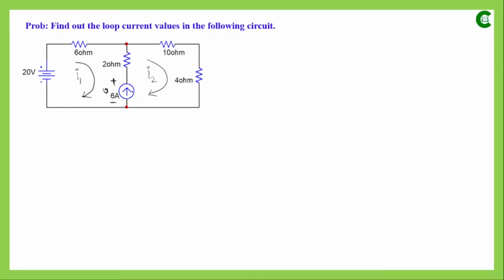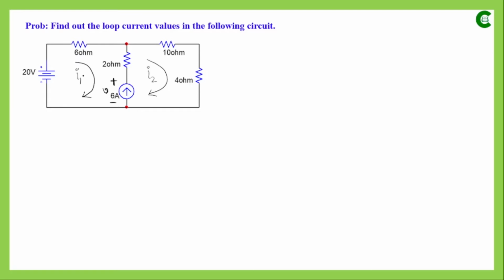So across this current source, when current flows through it, let's assume a voltage V is dropped, and since the current is flowing upward, this will be the negative terminal of that voltage drop.